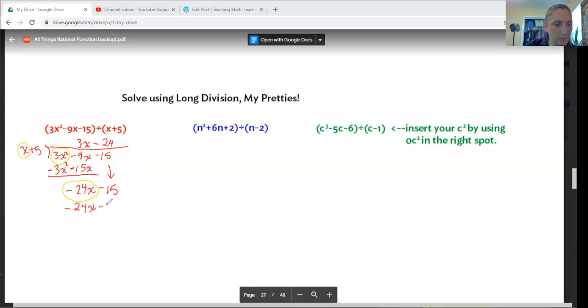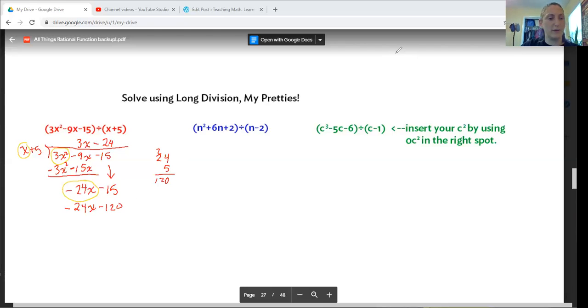Negative 24 times 5. Yeah, it would be 121, I believe. No. Nope. It is not. 24 times 5. Here we go. 120, not 121. I don't know why I was putting the 1 in there.